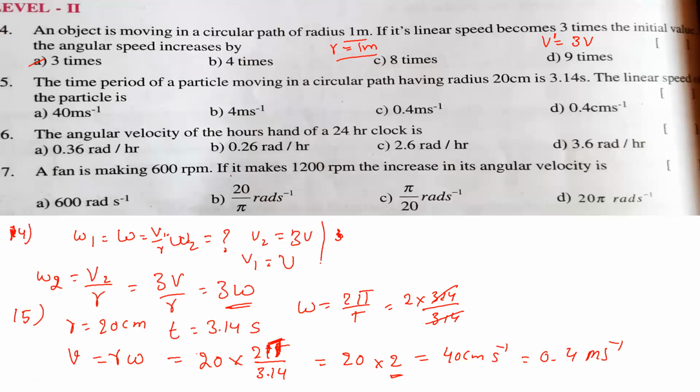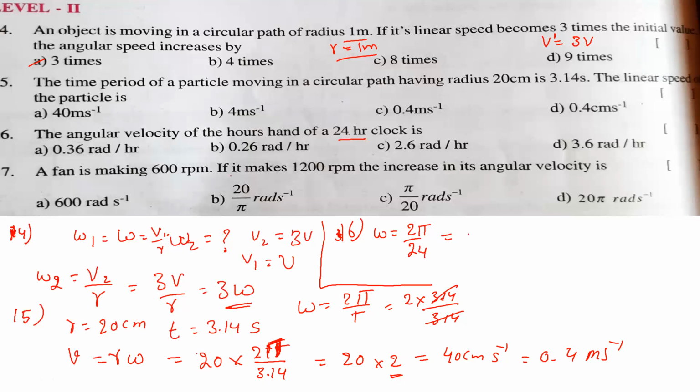Let us see the 16th problem. The 16th one: given angular velocity of an hour hand in a 24-hour clock, you need to find out. So in the 24-hour clock, omega is equal to 2 pi by T, where T is 24 hours. They are only asking to convert this to radian per hour.